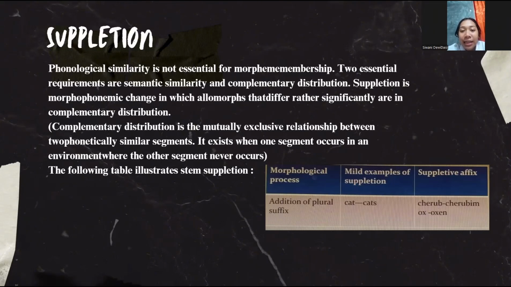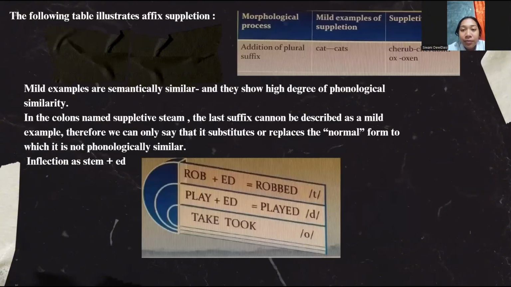Please, next slide, Tina. All right. The following table illustrates existing suppletion. You can read in the table. The main examples are semantically similar and they show a high degree of phonological similarity. In the column named suppletive stem, the last suffix cannot be described as a mild example.